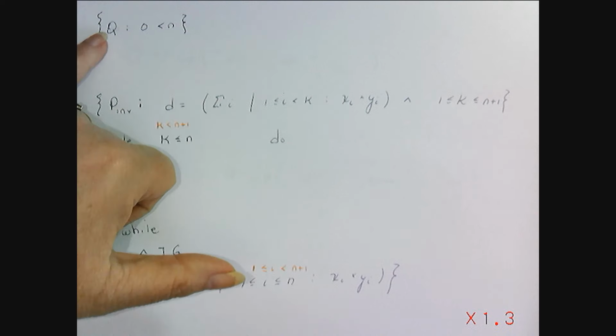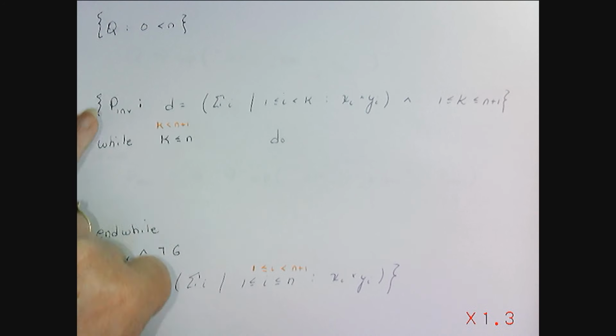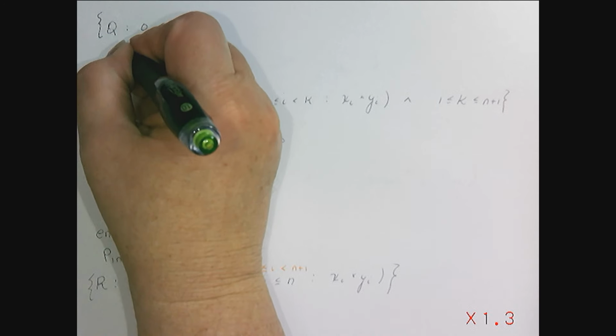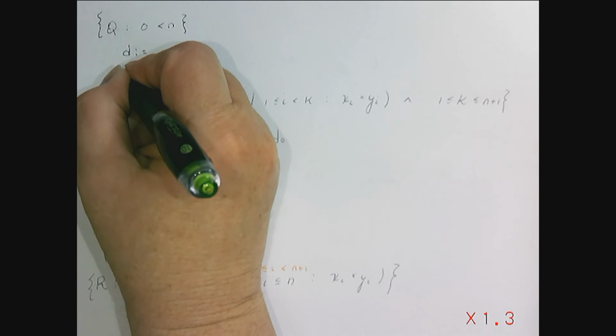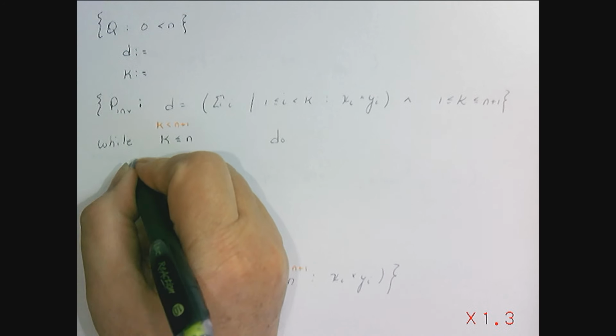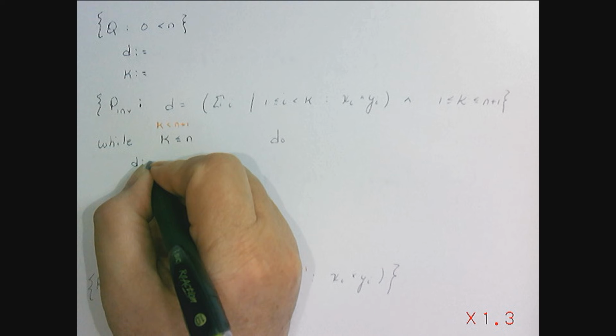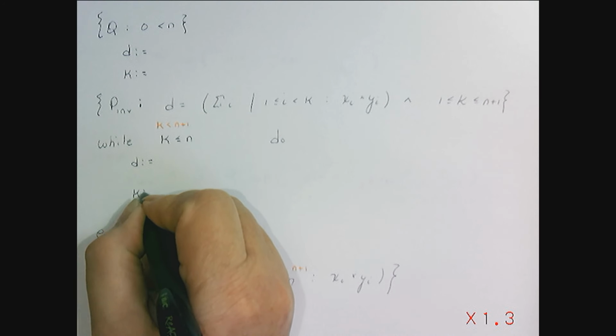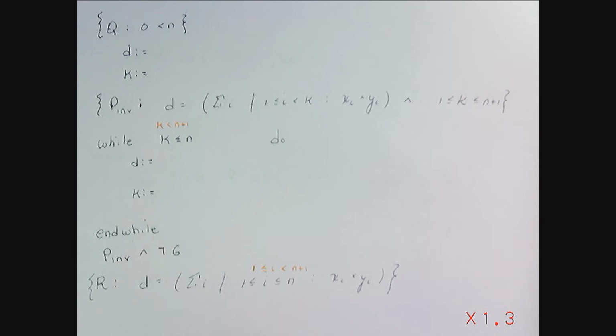So both in the initialization and in the loop, I'm going to be assigning values to those two variables. In the initialization, I'm going to say d becomes and k becomes. In the loop itself, I'm going to have a command d becomes and another command k becomes.